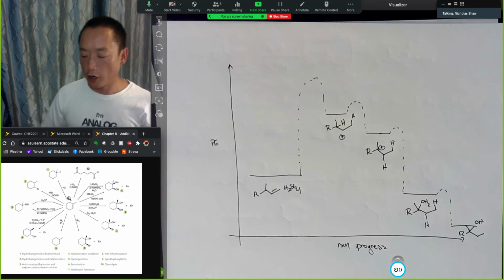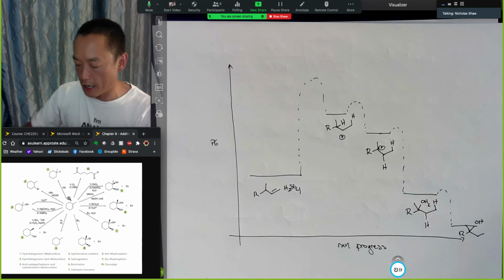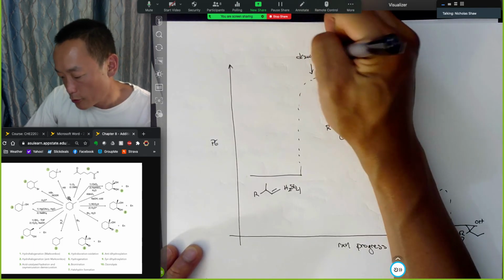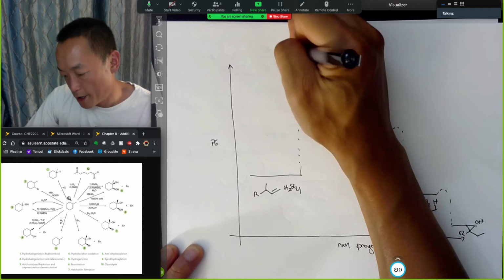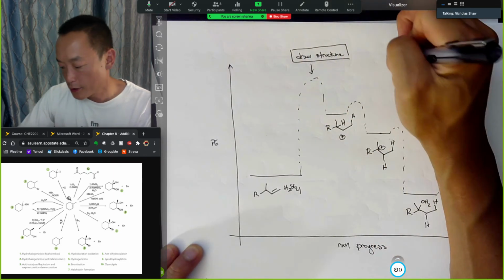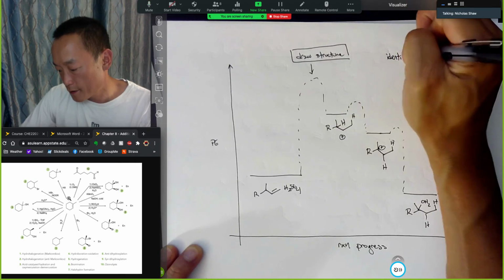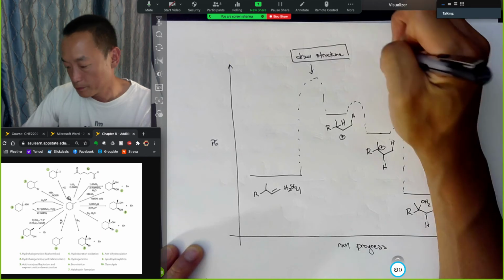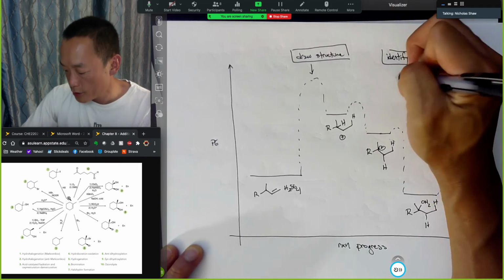So maybe draw all of this stuff and ask you to draw the structure here, perhaps identify all transition states. Could be a question.